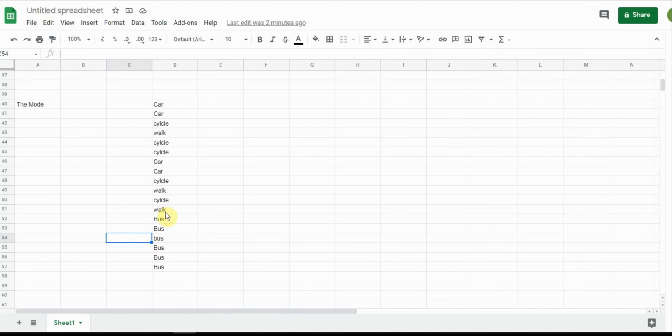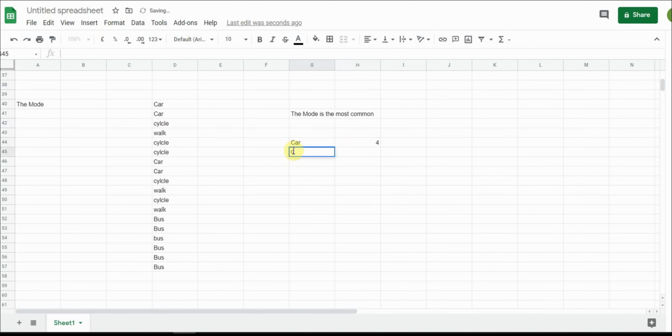Now, the mode is the most common. And that should make sense, right? Because in this data set here, there are 1, 2, 3, 4. If we did a frequency table, car would be 4.